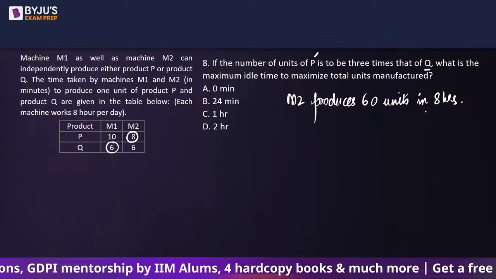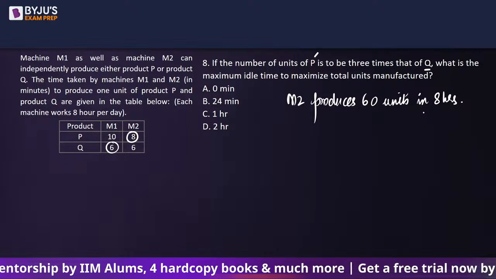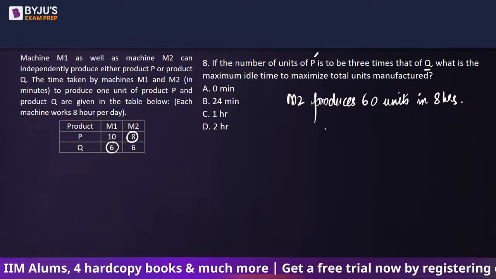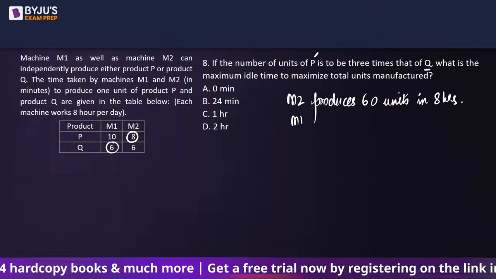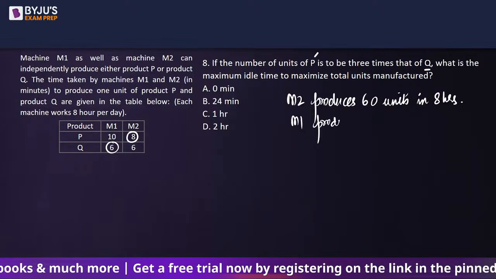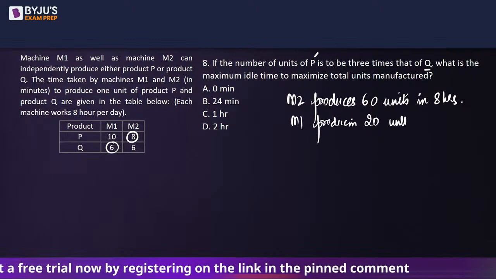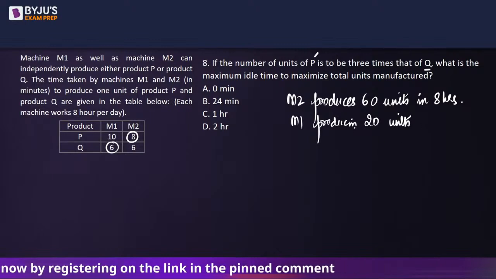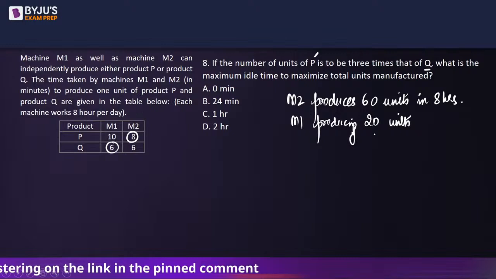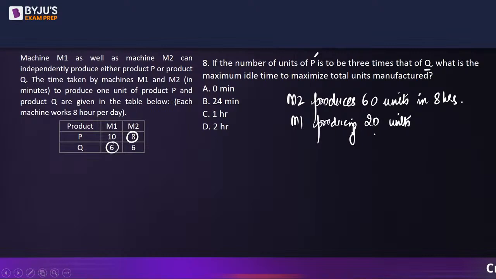While this was being produced, M1 was producing, it has to produce 20 units. So how many units will it produce? It takes 6 minutes for each M1 to produce 1 unit of Q. So 10 in 1 hour, so this takes 2 hours.